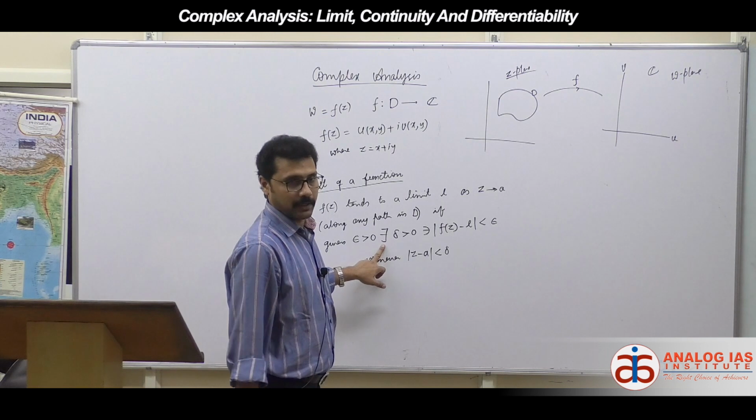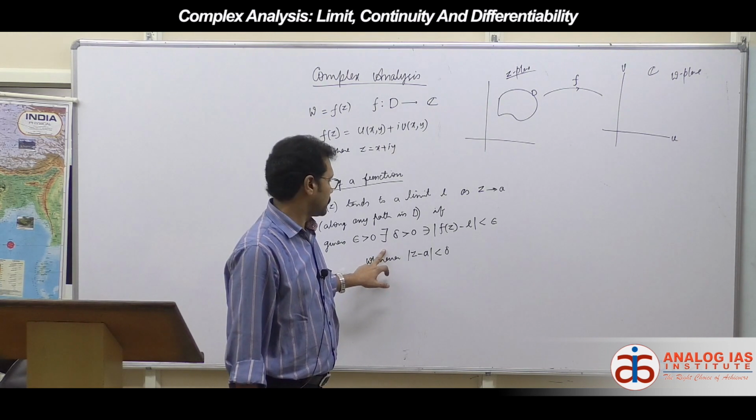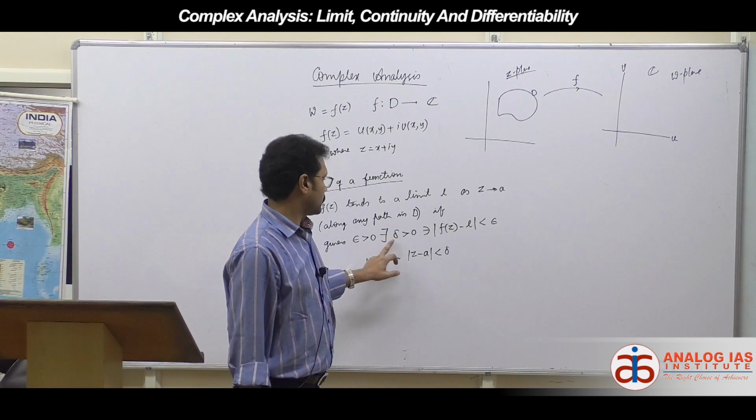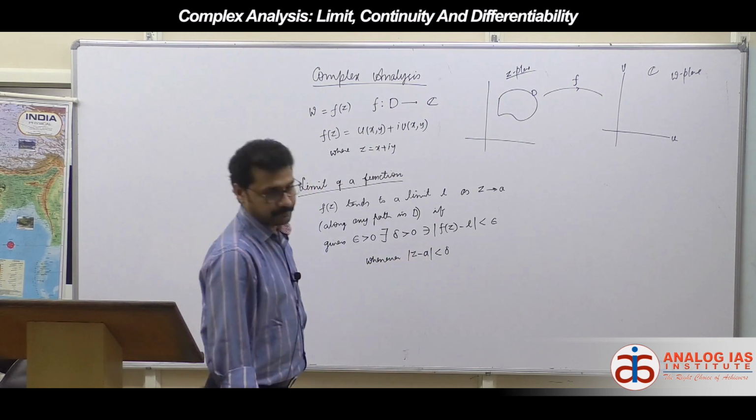This is the symbol for there exists. There exists delta, and in fact this is epsilon. There exists delta such that whatever.